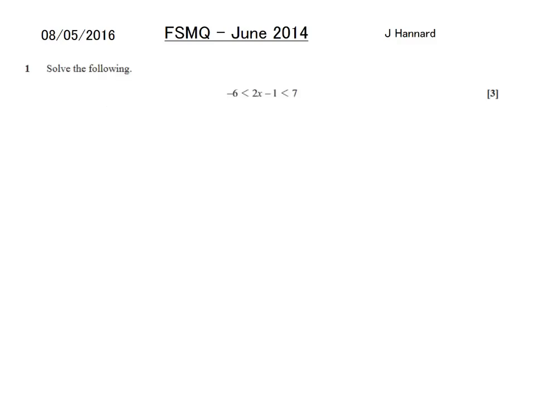So, question 1, solve the following. This is very similar to a question a couple of years ago on the paper. Minus 6 is less than 2x minus 1, which is less than 7. Obviously, you just split it up into two separate questions. 2x minus 1 is greater than minus 6. Take the minus 1 over the other side, divide both sides by 2, so x must be greater than minus 5 over 2.